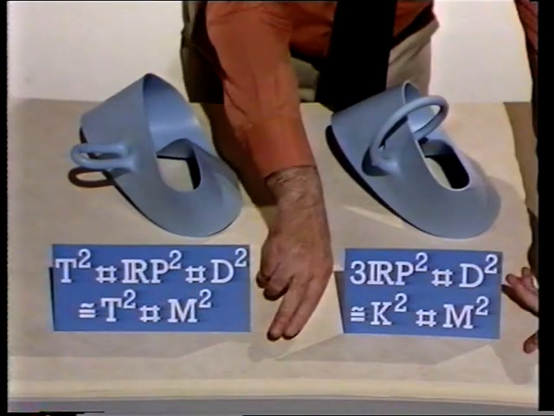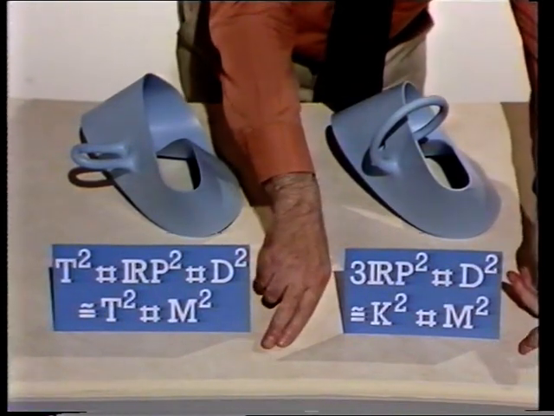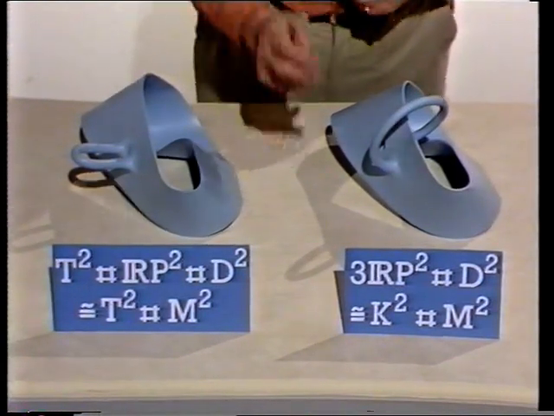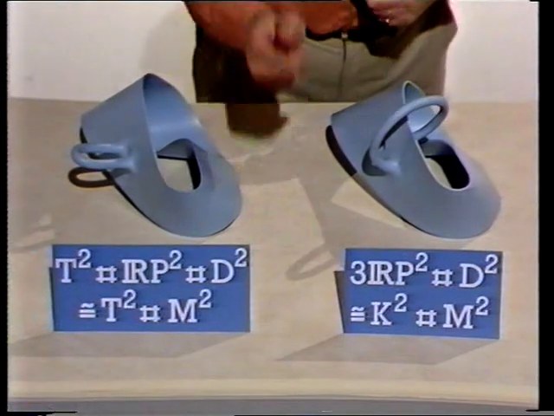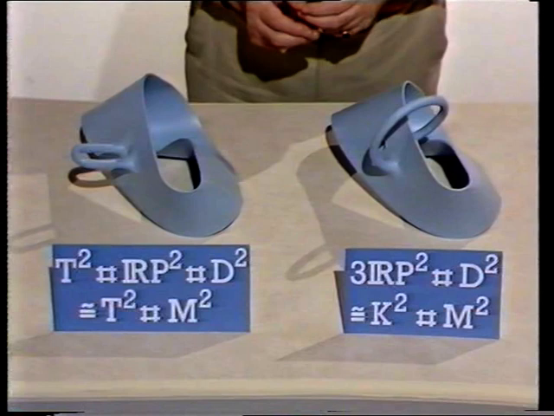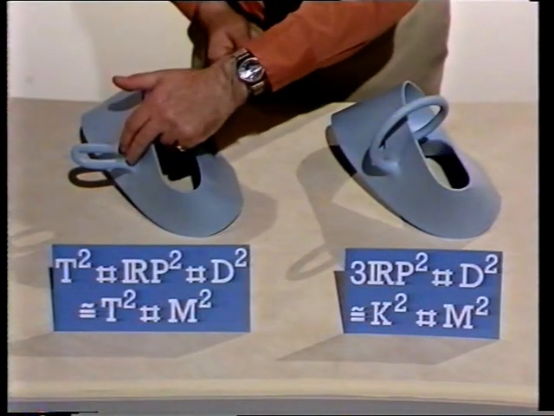The Möbius band in each case is one of the RP2s with the disk, and the Klein bottle here is the remaining 2 RP2s. And to prove these are homeomorphic, we just have to move this end of the handle.